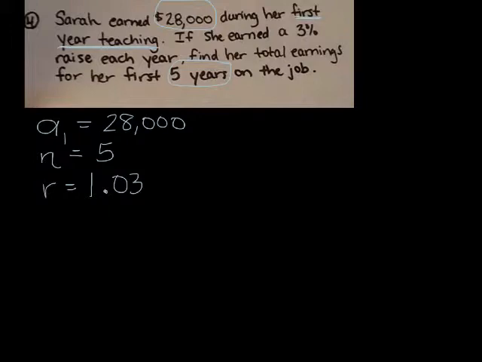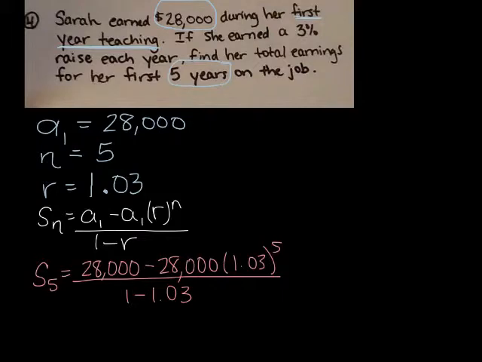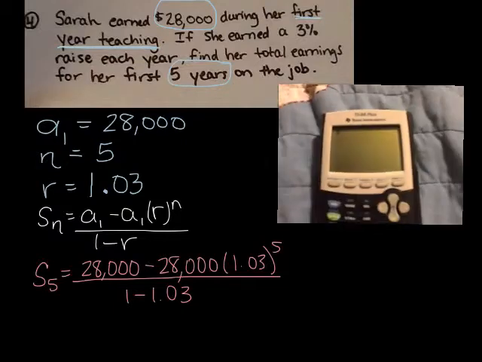Okay, now we're just going to use our formula. So here's my formula to evaluate a geometric series. And now I'm just going to substitute my values into the formula. So here are my values substituted in. 28,000 was A1, R was 1.03, and N was 5. Now I'm going to use my calculator to evaluate this.